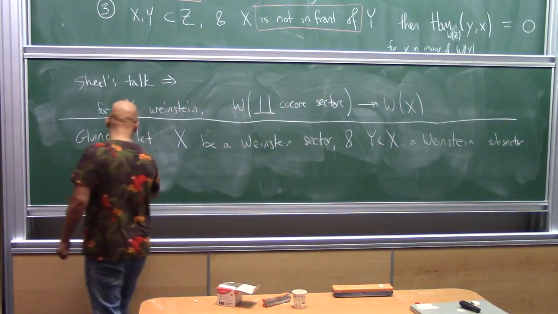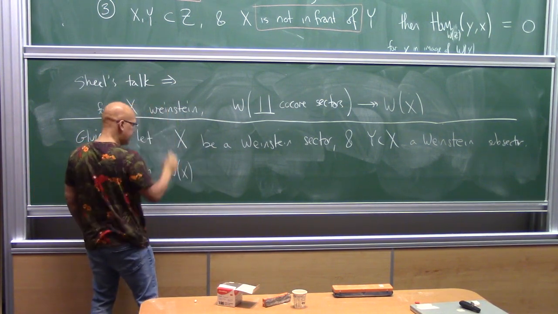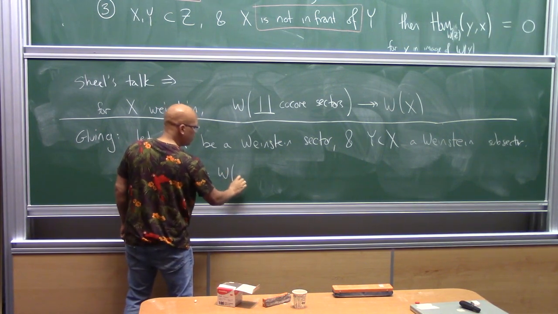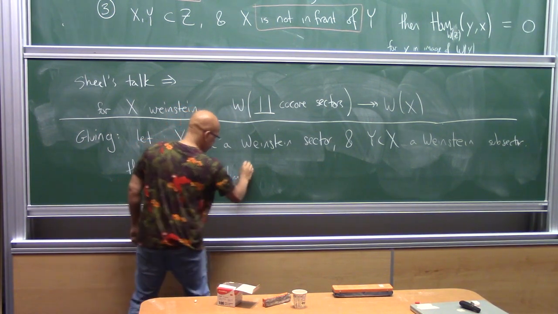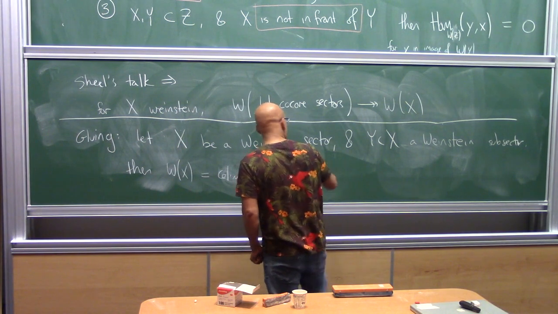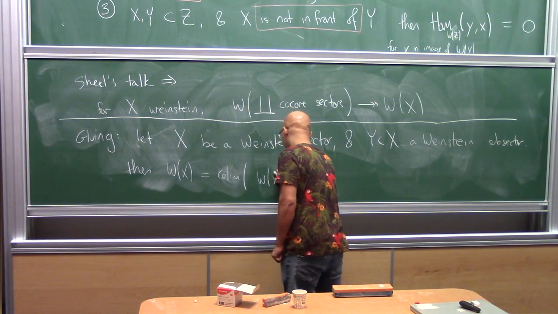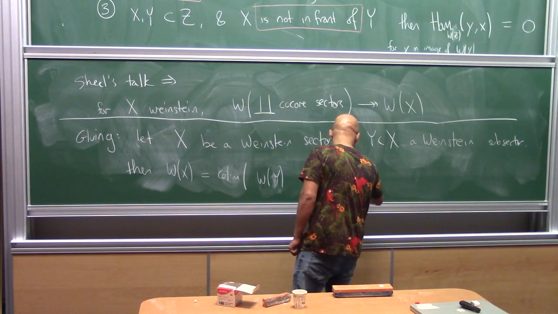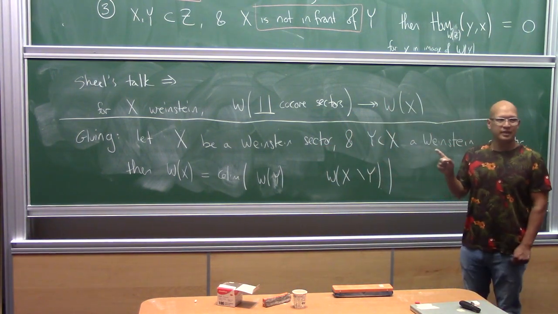And then I will deduce from these axioms that the wrapped category of X is a pushout, a colimit, of the wrapped category of Y with the wrapped category of X minus Y. If you think about what the definition of sector is, the complement of a sector is always a sector.